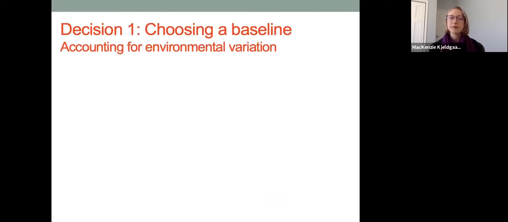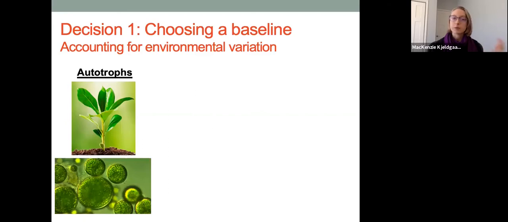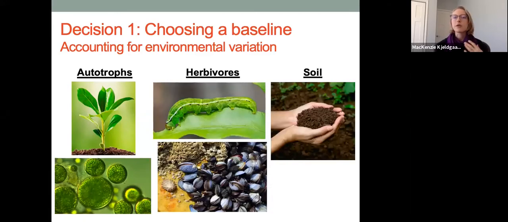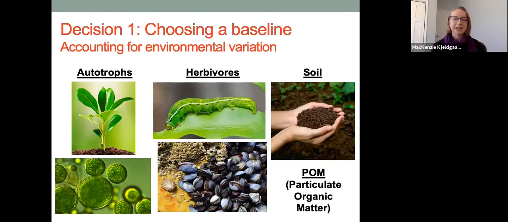The first major decision for ecologists wanting to use this technique is to choose a baseline material. This is meant to really account for that environmental variation. When we look in the literature, we see a lot of different baseline materials that are currently used. This can range from autotrophs or primary producers to herbivores to soil to particulate organic matter and so forth.